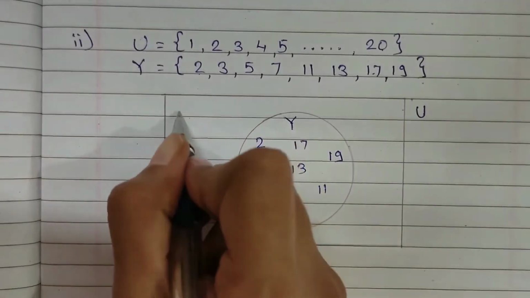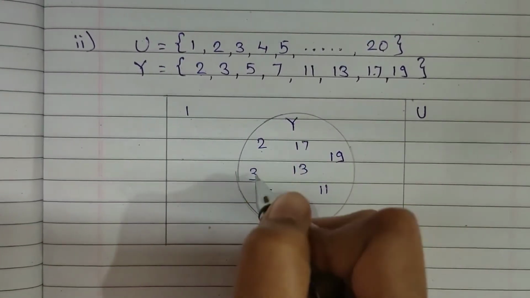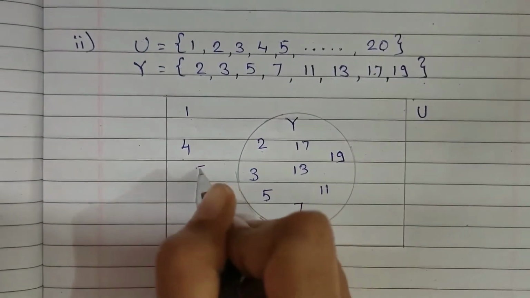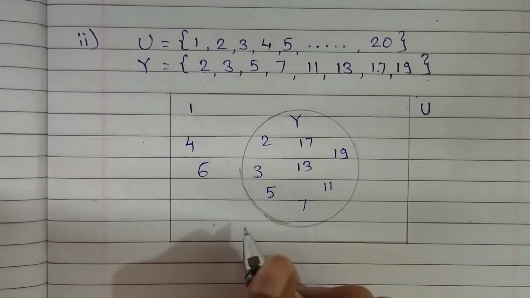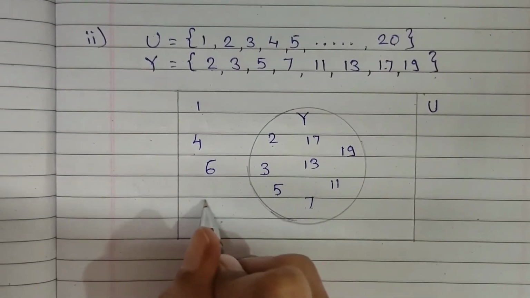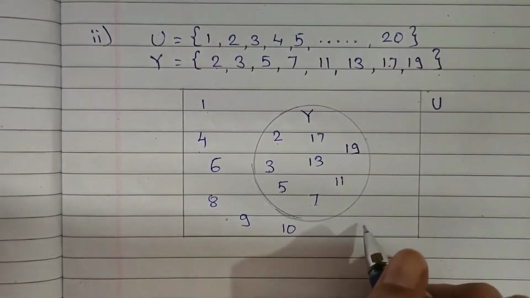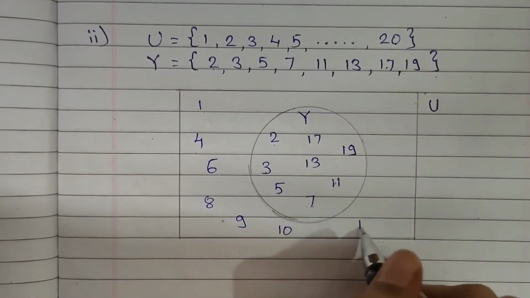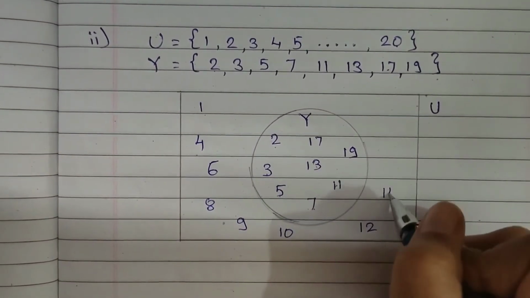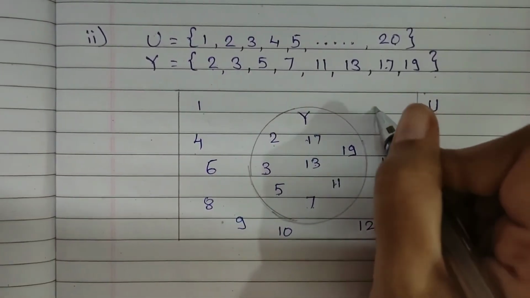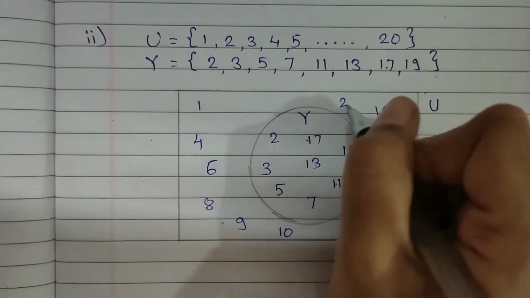They should not be repeated. So 1, 2, 3, 4, 5, 6, 7, 8, 9, 10, 11, 12, 13, 14, 15, 16, 17, 18, 19, 20.